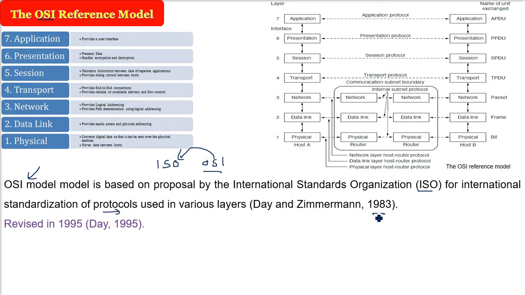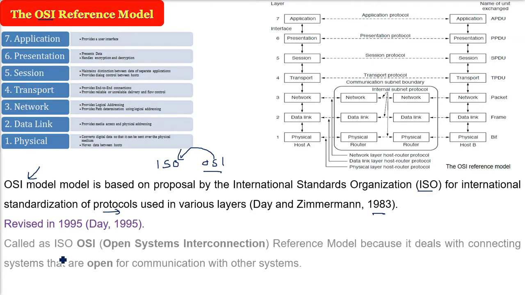In 1995 it was revised, and as I said, it was called ISO OSI. ISO means International Standards Organization and OSI is for Open Systems Interconnection. And this was called open because there were various networks which wanted to be connected to other networks.